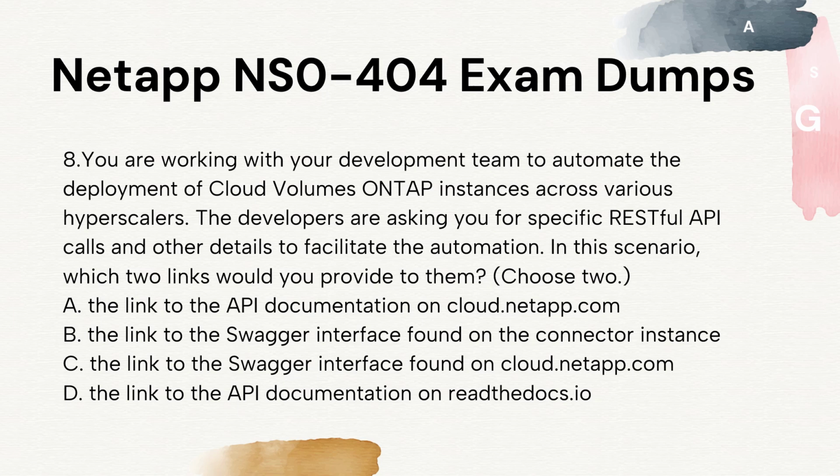A. The link to the API documentation on cloud.netapp.com. B. The link to the Swagger interface found on the connector instance. C. The link to the Swagger interface found on cloud.netapp.com. D. The link to the API documentation on readthedocs.io.